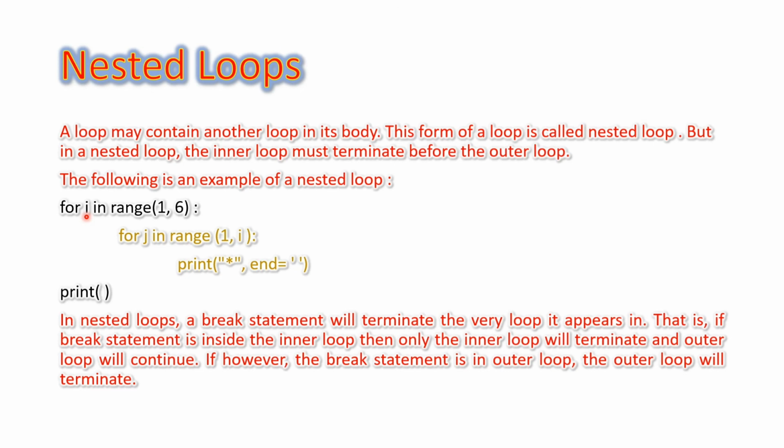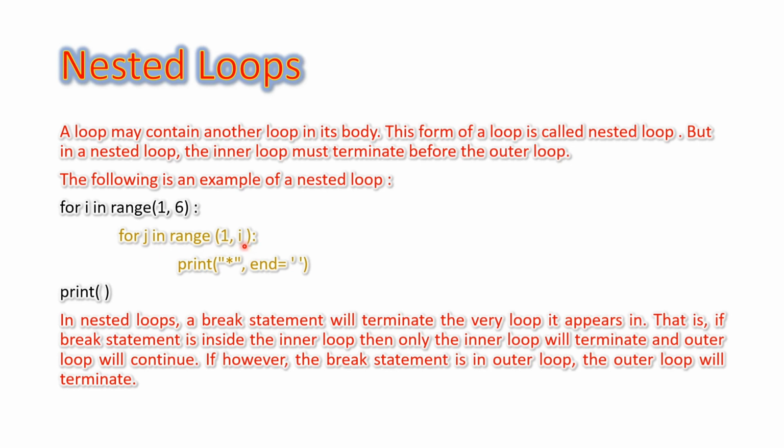Let me explain. Suppose this loop is going from 1 to 6 and this loop is going from 1 to 5. Then for the value of i equal to 1, this loop will run 5 times: 1, 2, 3, 4, 5.